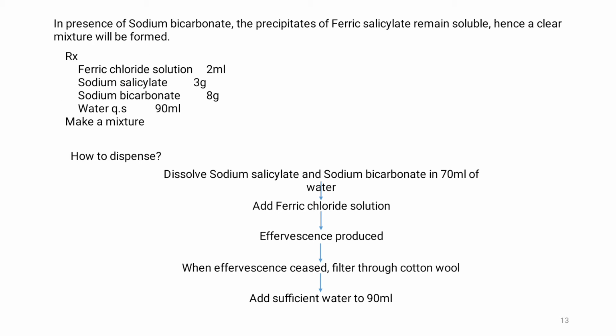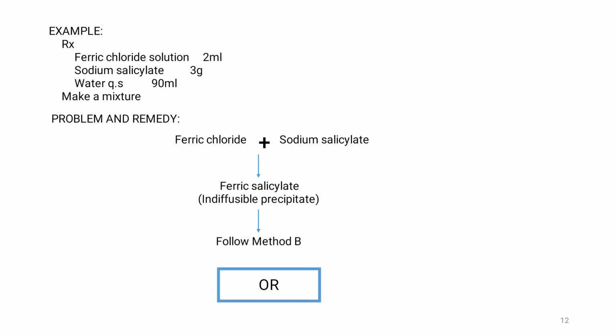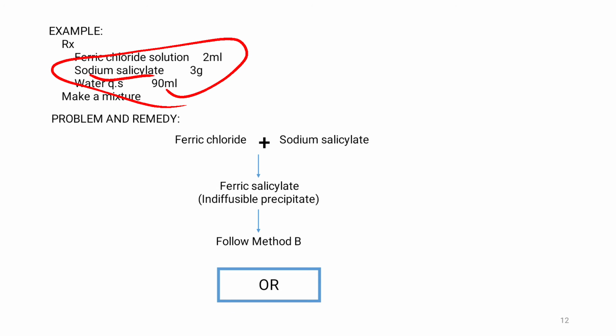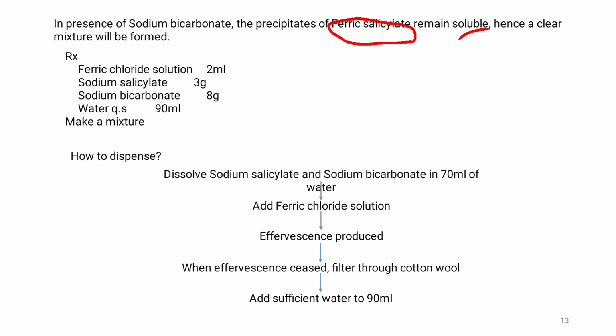in presence of sodium bicarbonate. If we add sodium bicarbonate to this formulation, in presence of sodium bicarbonate, the precipitate of ferric salicylate remains soluble. If we are adding the sodium bicarbonate to this formulation, the formed ferric salicylate becomes soluble, so it will form a clear mixture.